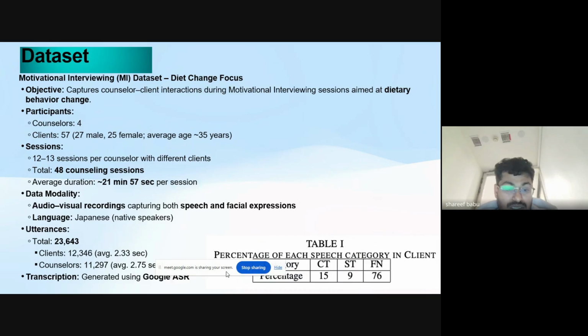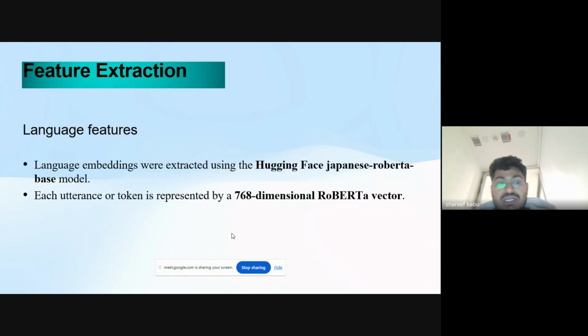We generated the transcript as language information using Japanese Google ASR, and we extracted language features using a Hugging Face model, about 768-dimensional RoBERTa vectors, with each utterance as a token.